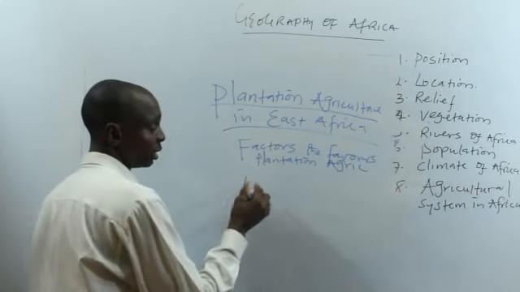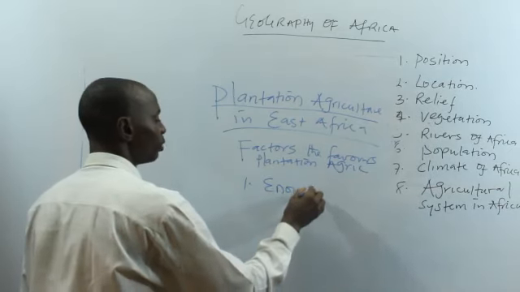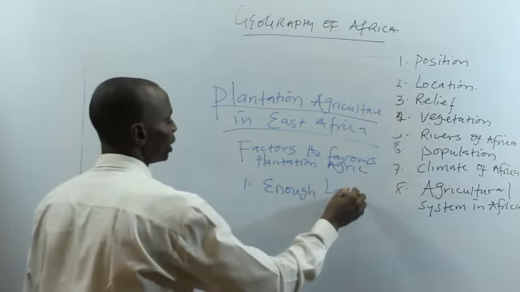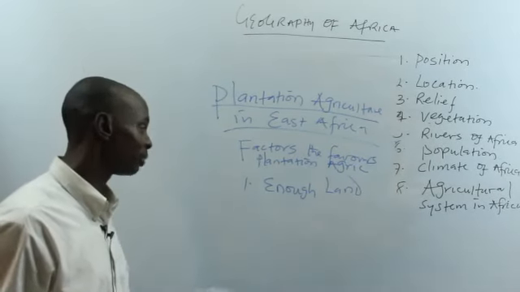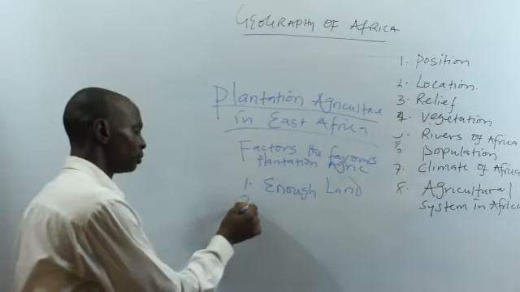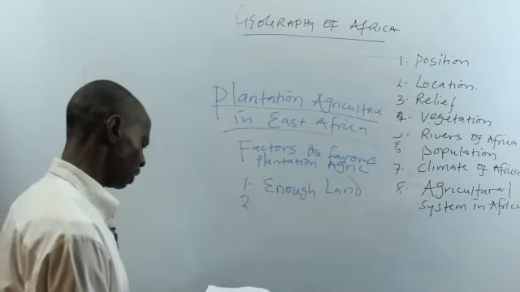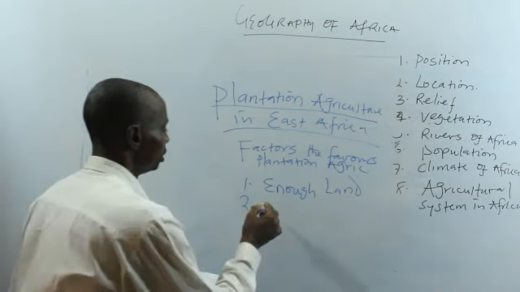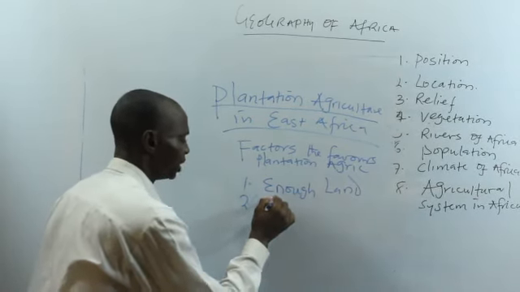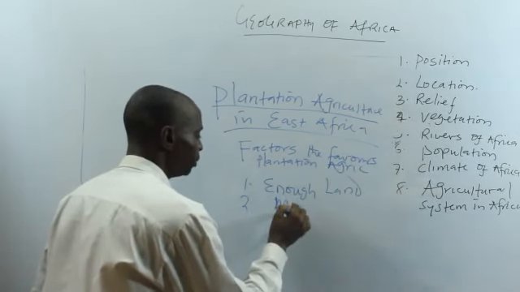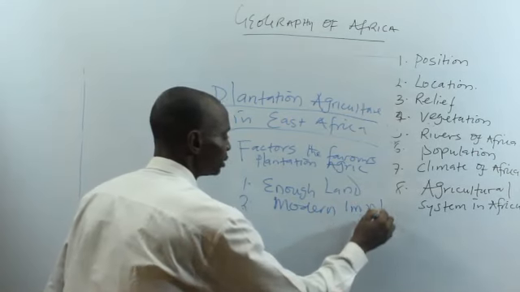Number one, there must be enough land, because plantation agriculture is practiced on a large expanse of land. Number two, there must be modern implements.